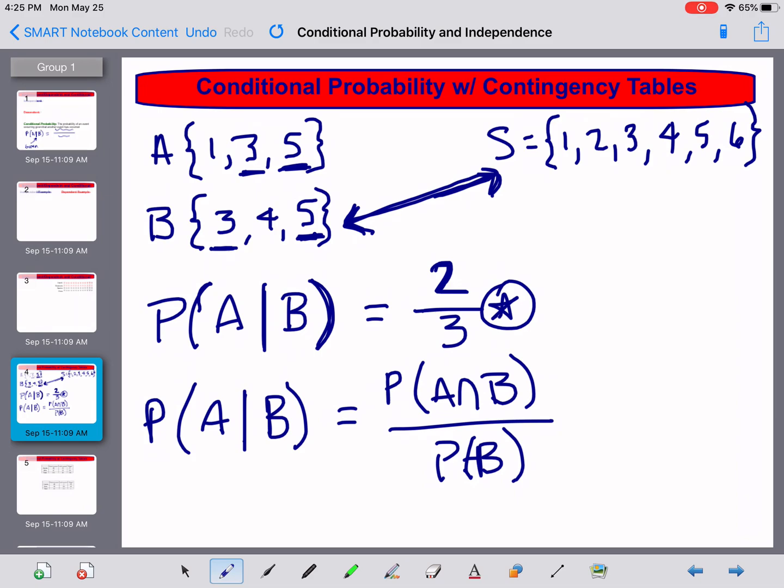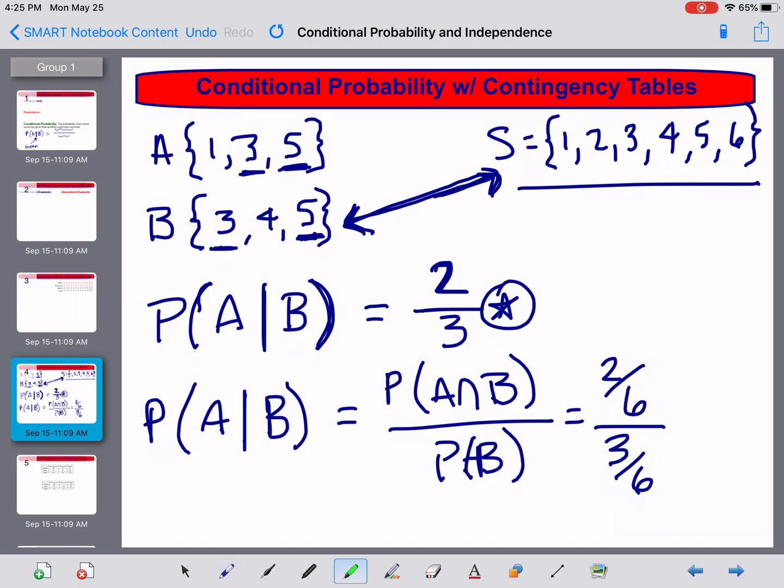Well, we can use this with our regular set. The probability of B occurring is 3 values, so 3 out of the total 6. And the probability of A and B occurring at the same time, well, again, we only have 2, so 2 of the possible 6.